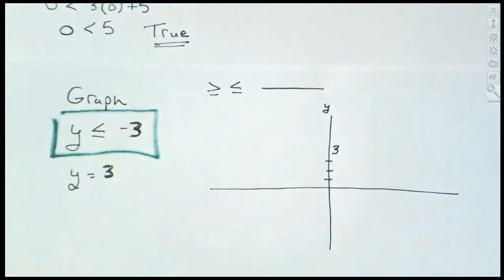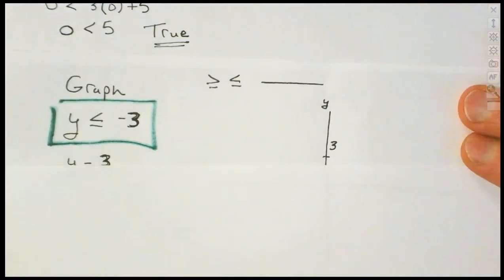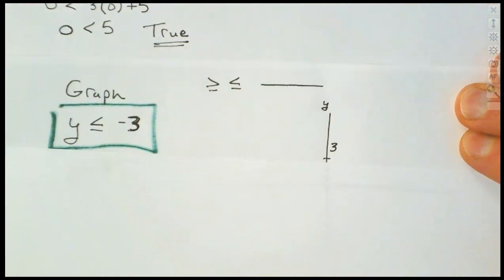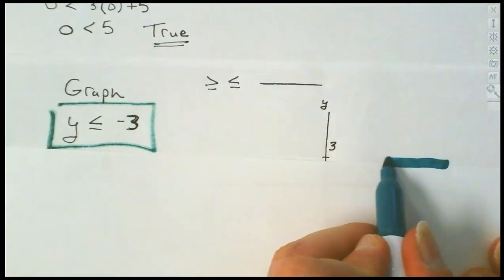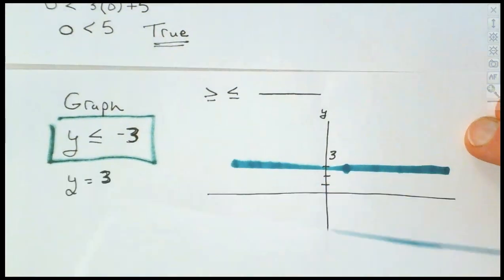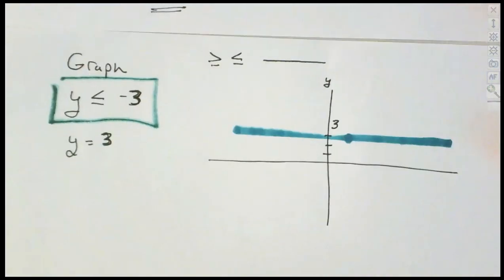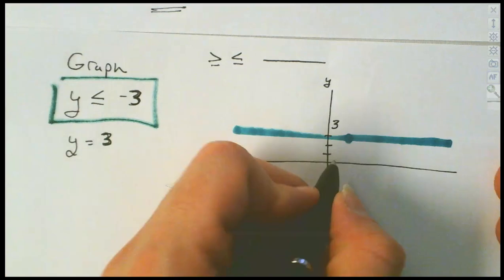Now we're going to use a solid line because it's less than or equal to. So there's that piece. Now, because it's an inequality, we still have to shade it. So we're going to check, again, (0, 0).